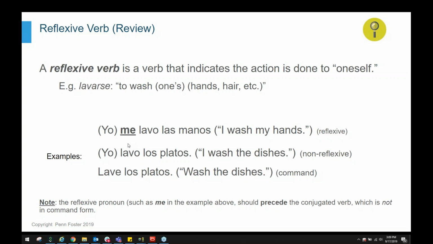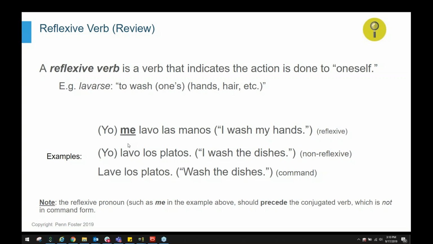This contrasts with the second example. We do not see the reflexive pronoun me. Instead, we just have lavo, which is your verb, I wash, los platos, the dishes. So in this case, lavo would be our verb, los platos is our direct object. And then in our third example, we give an example of a command, not using the reflexive verb.